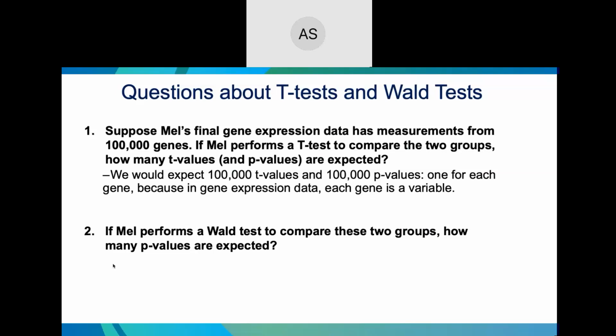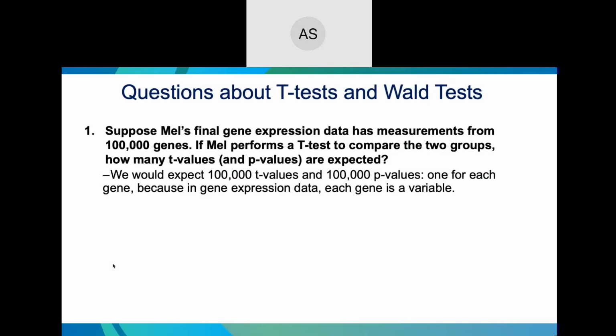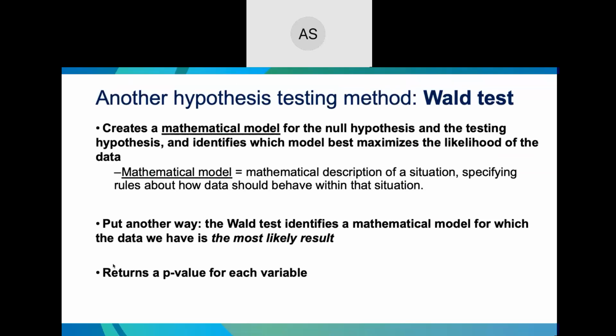So let's just talk through this again. Yes, the Wald test is running two models per gene. But the goal of running those two models is to figure out which model is the best and therefore identify the probability that the null hypothesis is true.